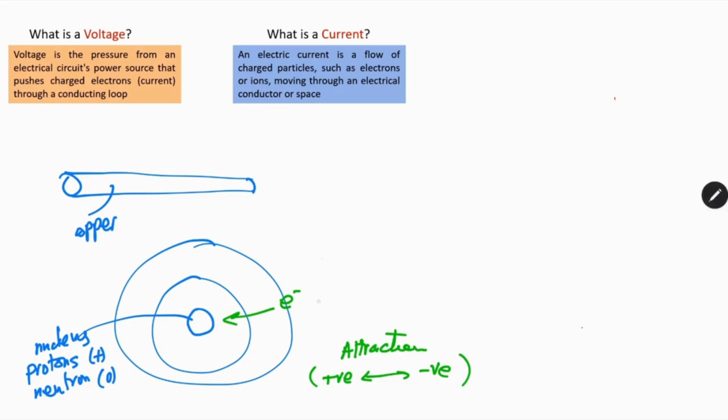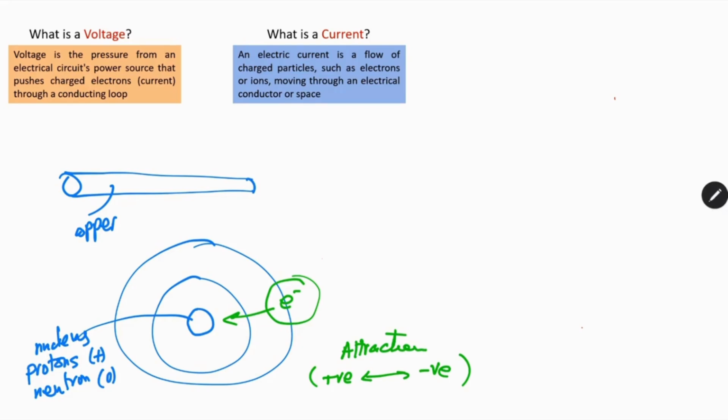For copper, we have only one electron which is loosely bound in the outermost shell, or the valence shell, of the atom. That means it is unstable. You don't need a bigger force to push this electron out of the outermost shell in order to make the atom become stable. So this is very important, why they choose copper, because it has only one electron in the outermost shell.